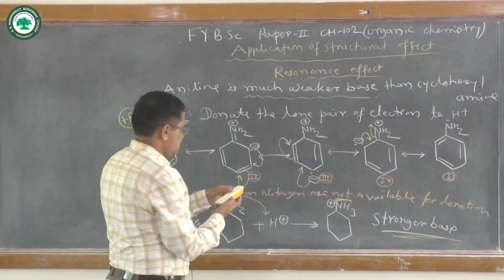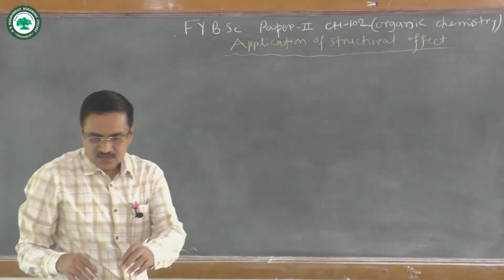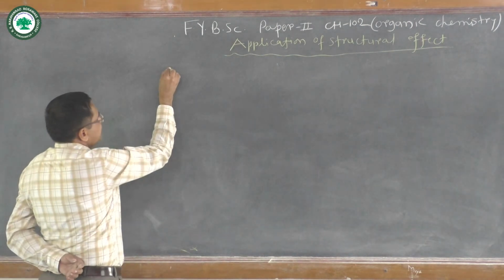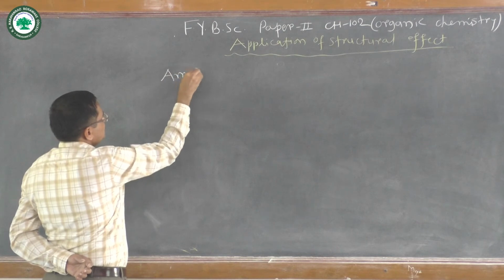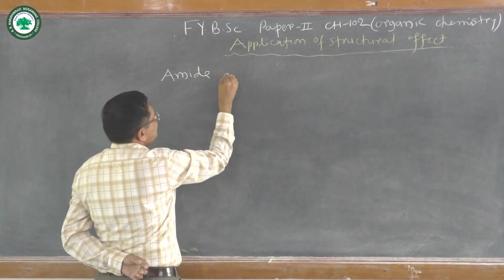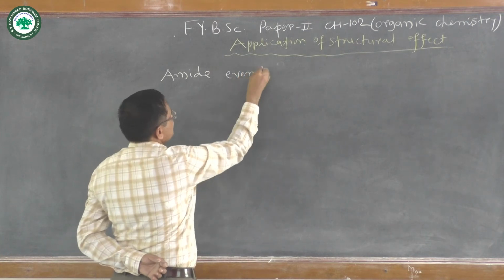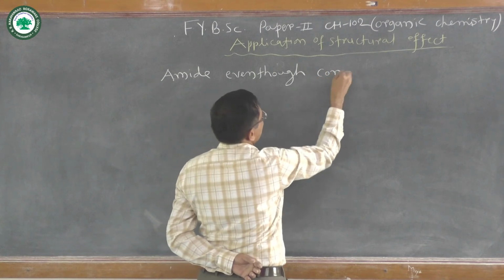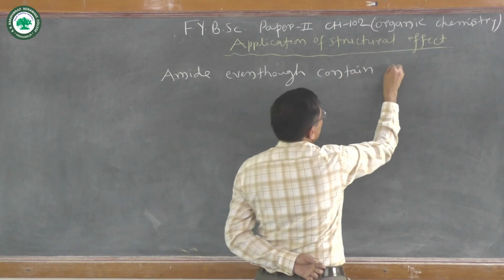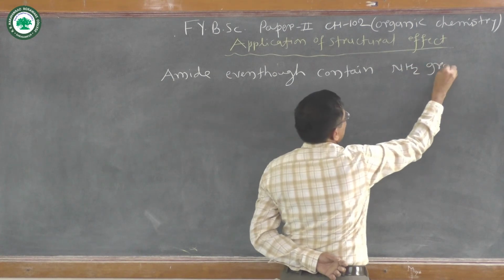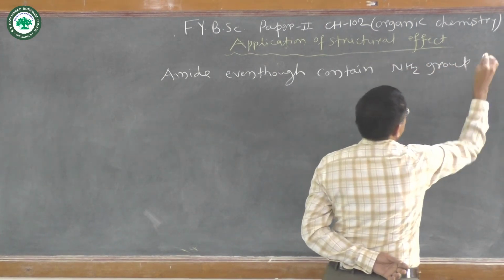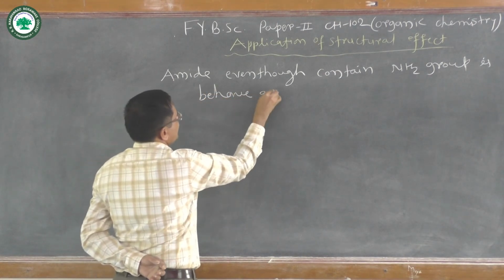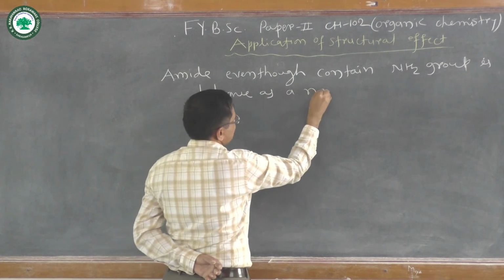Now we will see the next example. Now we take the example of amide. Amide, even though it contains an NH2 group, behaves as a neutral compound.